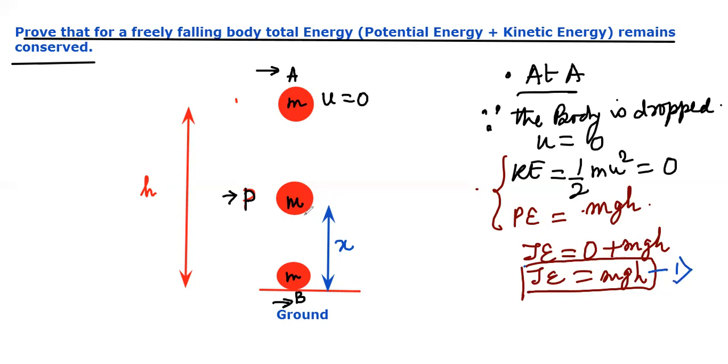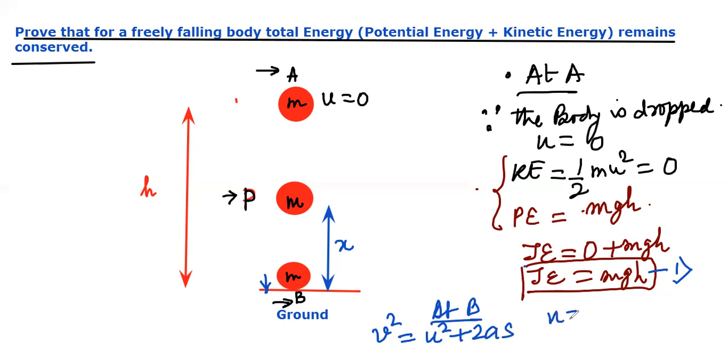Now in the second case, I consider the point B because I want to take the two extremes first. So at B, when the body has reached the ground, you have to find out the velocity attained. So I'll use a simple equation of motion, children: v square equals u square plus 2as.